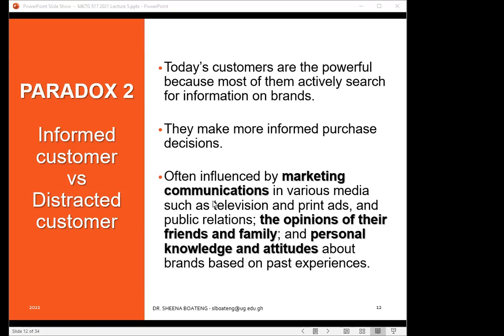And sometimes they can also rely on their own personal knowledge and attitudes, because as individuals, customers also pick up a lot of information as they go about their daily activities regarding various products and services. And this helps them to form certain attitudes about these products and services that they rely on in making decisions when it comes to consuming certain specific products and services, right? Some of which could come from their past consumption experiences.